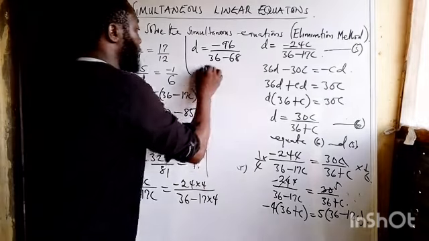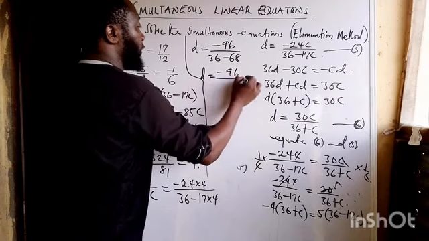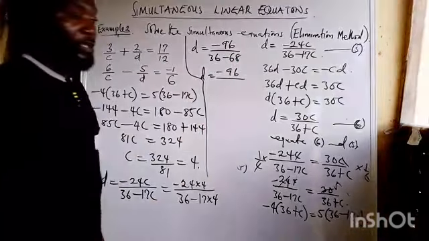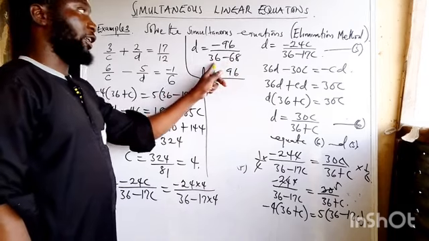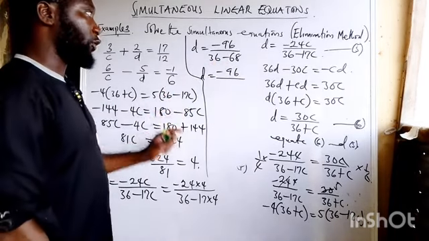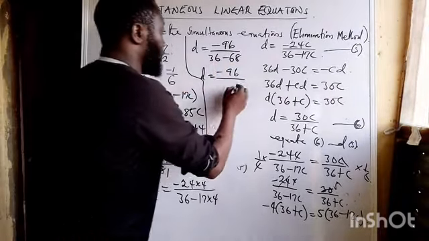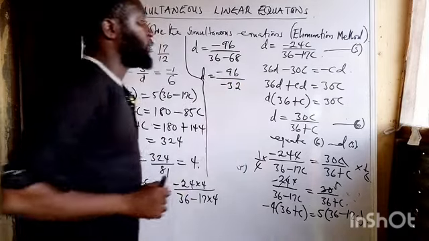Again, our D equals negative 96 divided by 36 minus 68. That should be a negative result because 68 is greater than 36. So just subtract 68 minus 36. You have 32, but now negative.